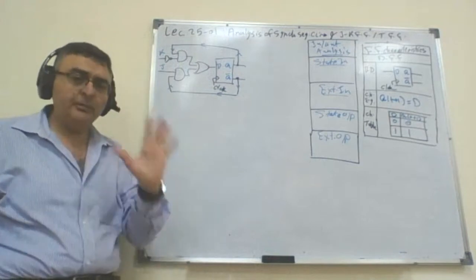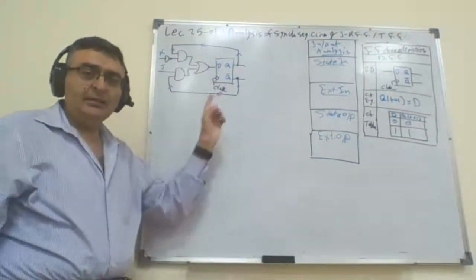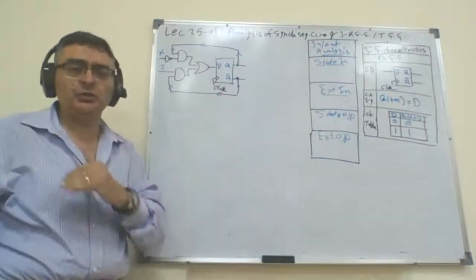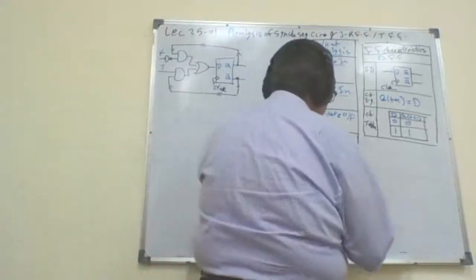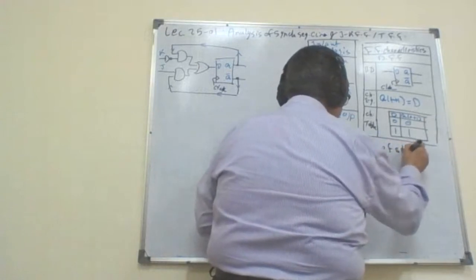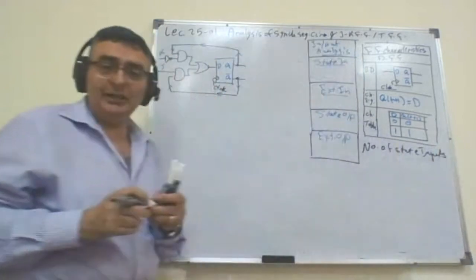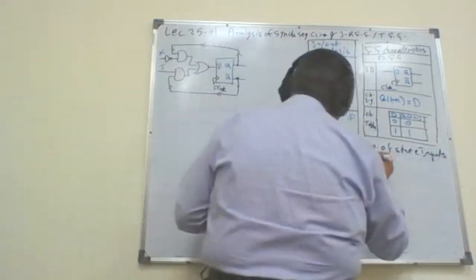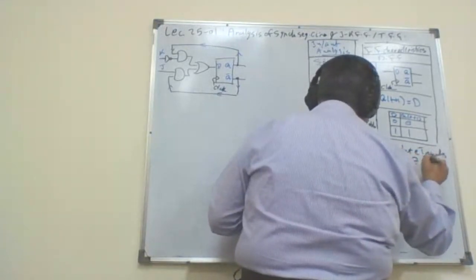The rule of thumb, the golden rule: the number of state inputs, which are also state outputs, equals the number of PPs.